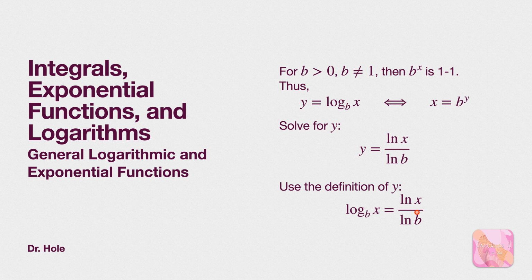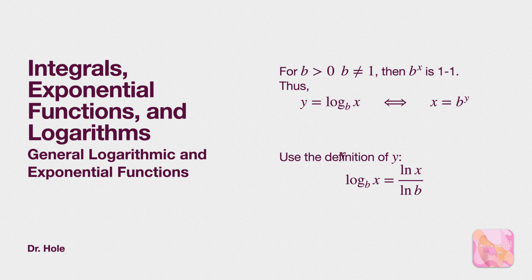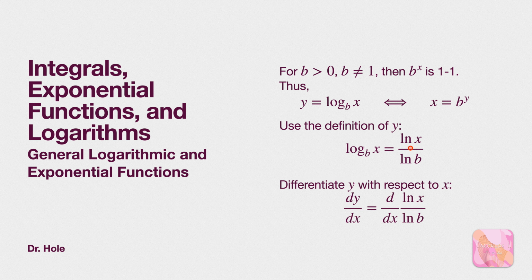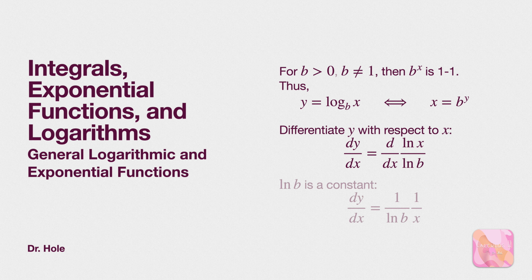All right, well, we're doing calculus. We would like to be able to differentiate this generic base b logarithmic function. Easy. Given our change of base formula, taking a derivative of this left-hand side, which we can also call y, dy dx, is taking a derivative of this right-hand side, but ln of b is a constant.